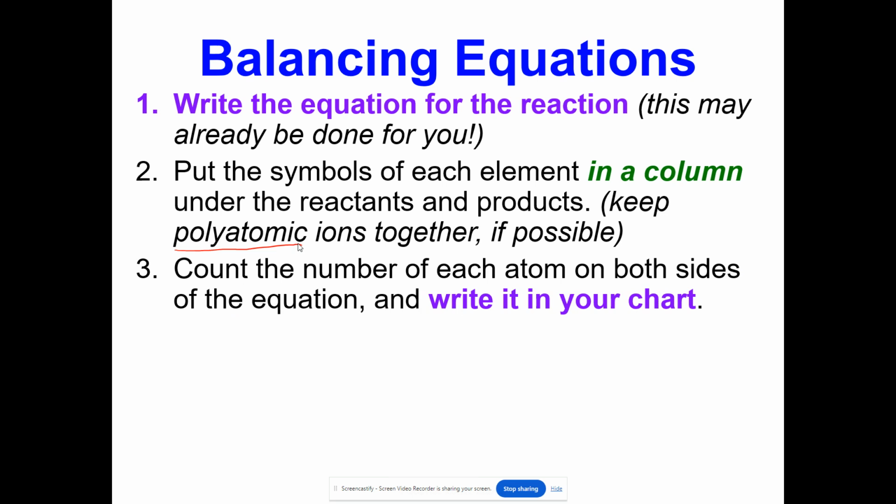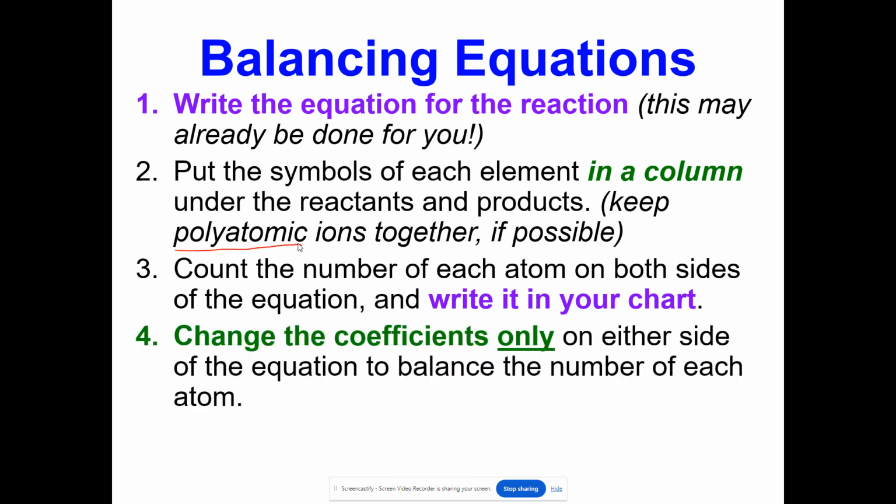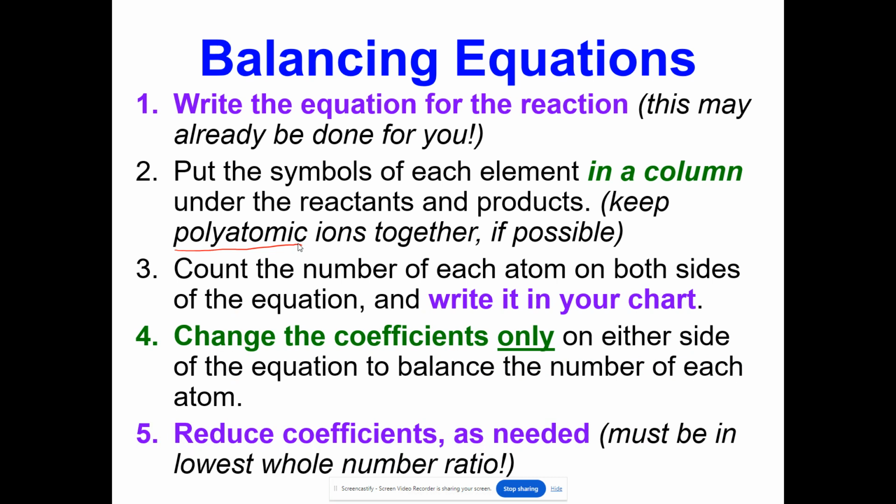Count the number of each atom on both sides of the equation and write it in your chart. Then you can change the coefficients on either side of the equation and balance the number of each atom. Reduce the coefficients as needed, so you have them in the lowest possible whole number ratio.